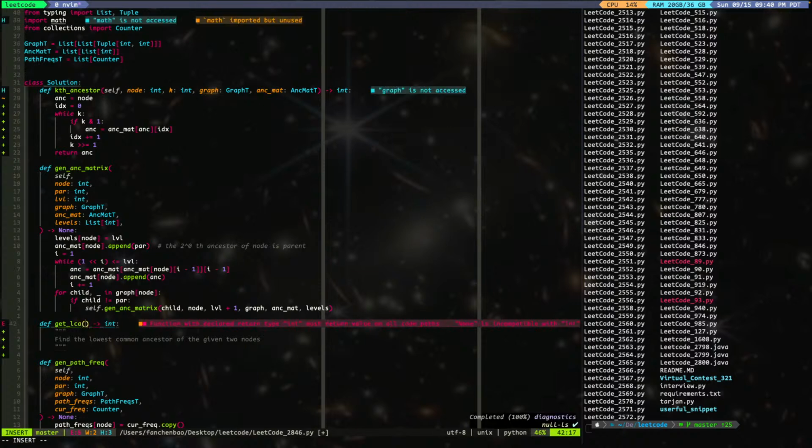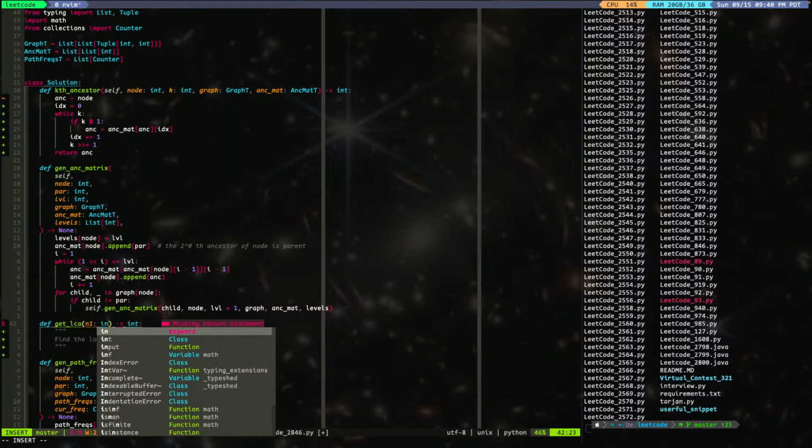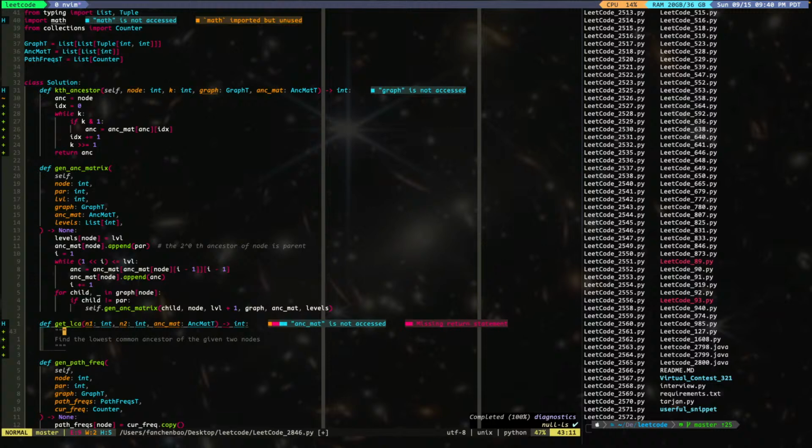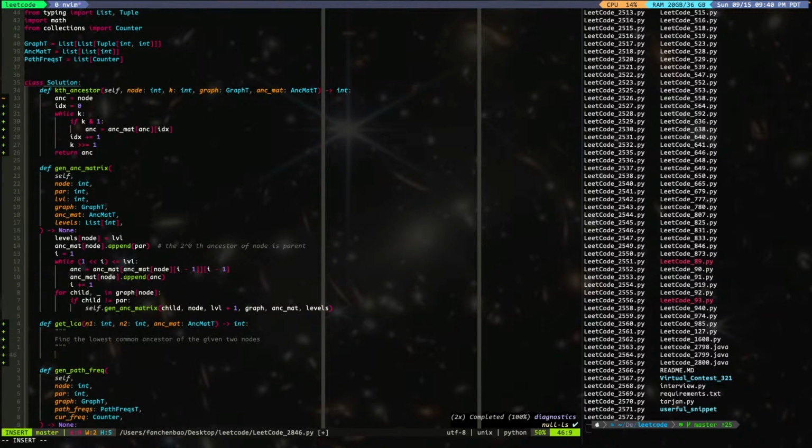So we can say n1, n2. We definitely need ancestor matrix. Probably it should be fine, right? So if I remember right, we need to know their levels. Yeah, we need to know the levels.